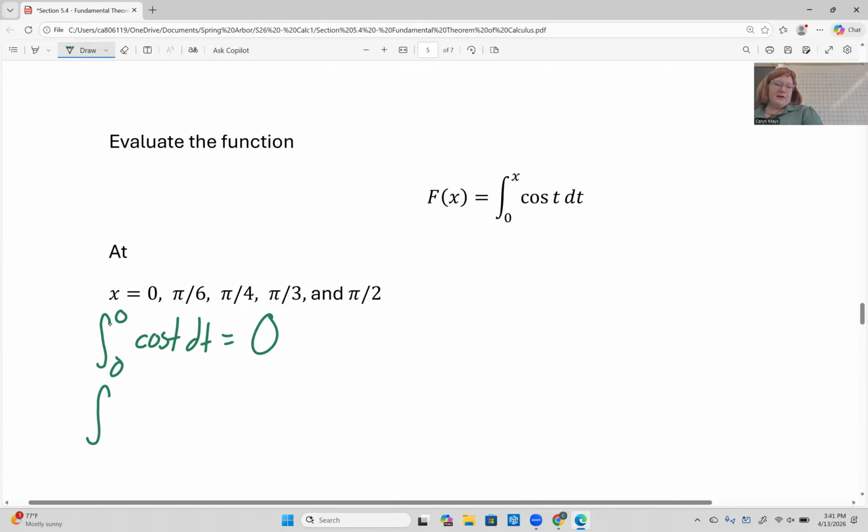I could plug in 0 to pi over 6. And what's the antiderivative of cosine? Positive sine. From 0 to pi over 6.